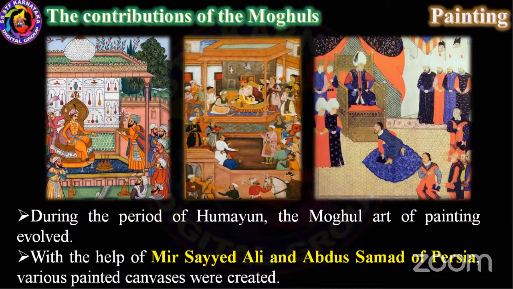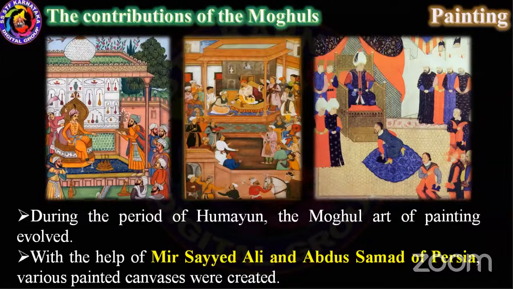With the help of Mir Sayyid Ali and Abbas Samad of Persia, various painted canvases were created. Canvases are large cloths on which they painted pictures using paint and brush.